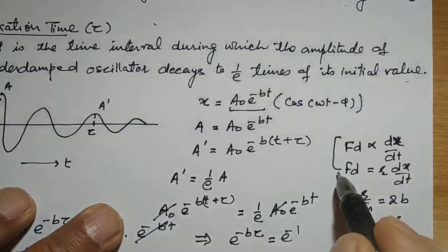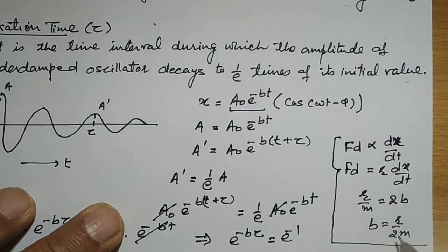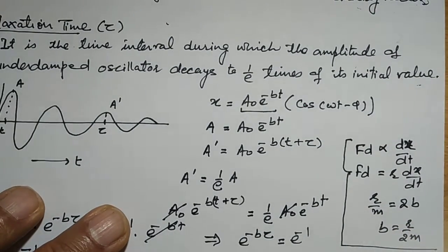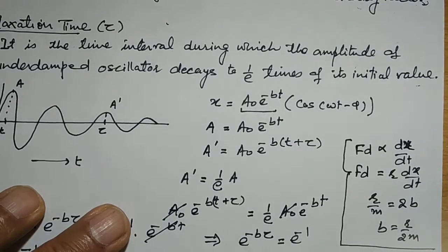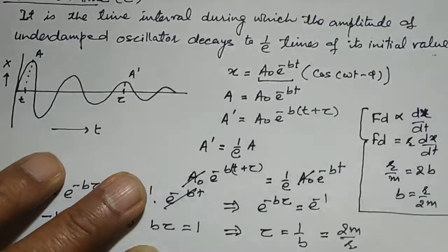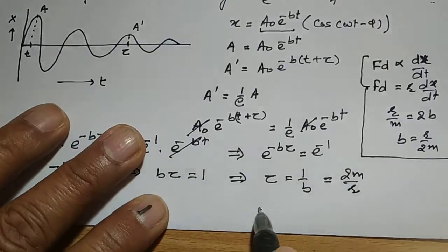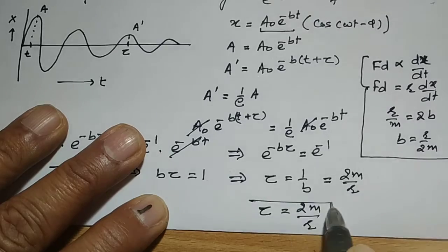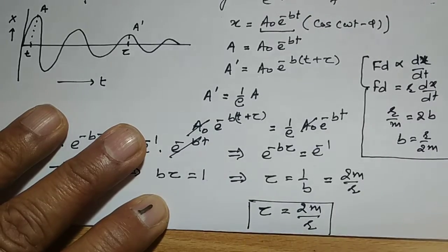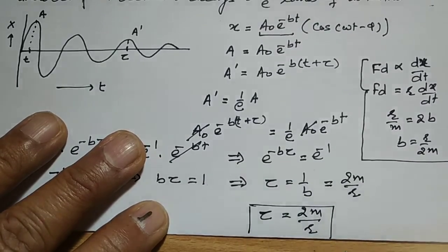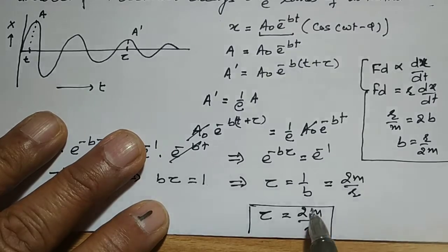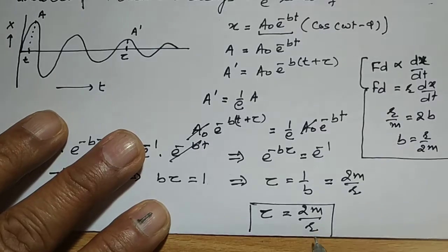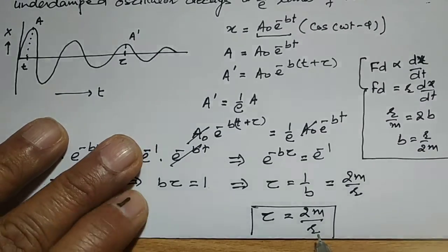So from here we can write tau is equal to nothing but 2m over r. So ultimately we get the relaxation time is 2m over r for an underdamped mechanical oscillator in which mass m is attached with the oscillator and r is the damping factor.